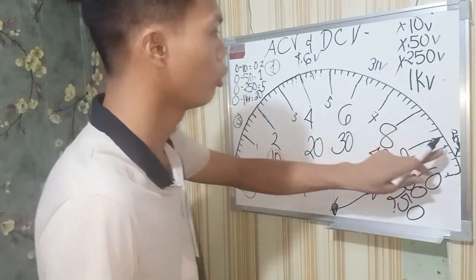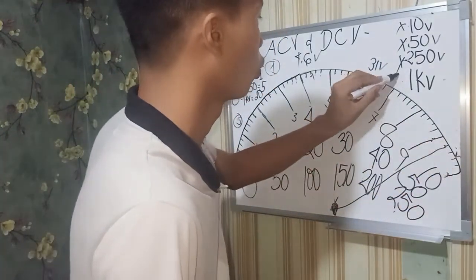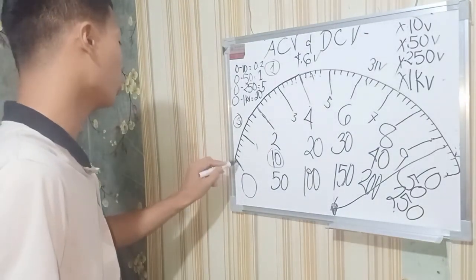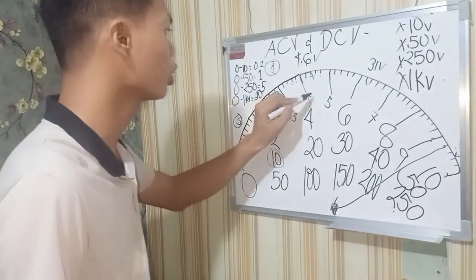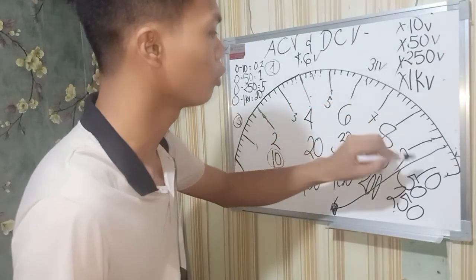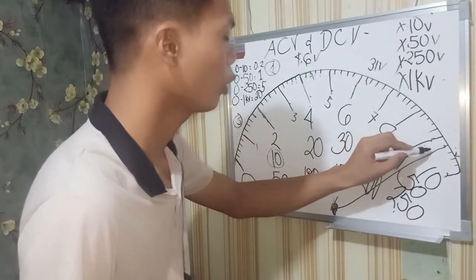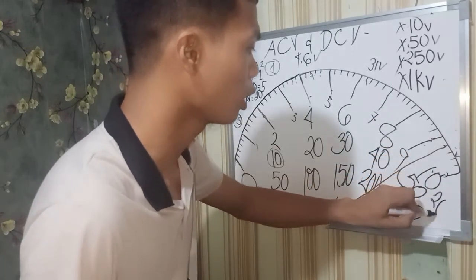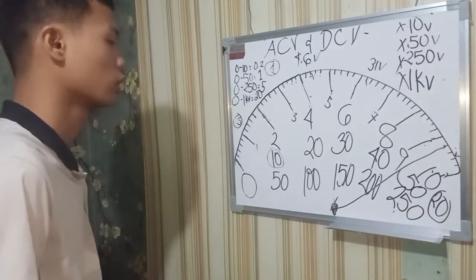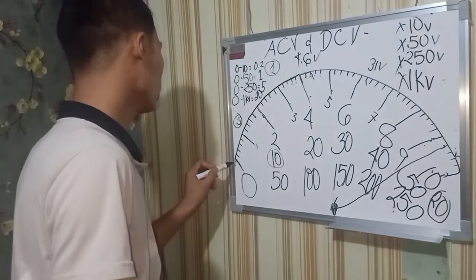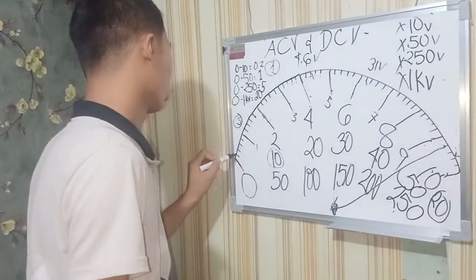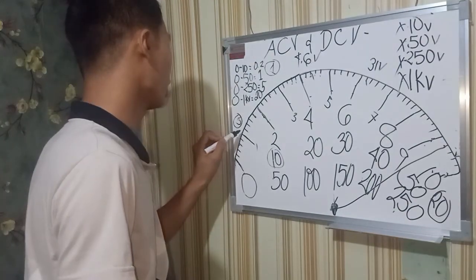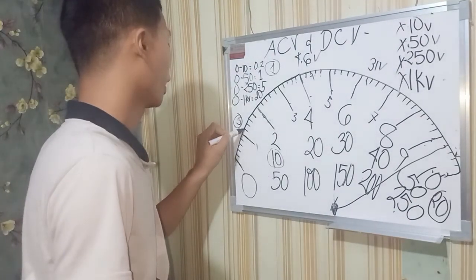Then, if we measure 1 kilovolt, the equivalent of each graduation is 20 volt. We count 20, 40, 60, 80, 100.